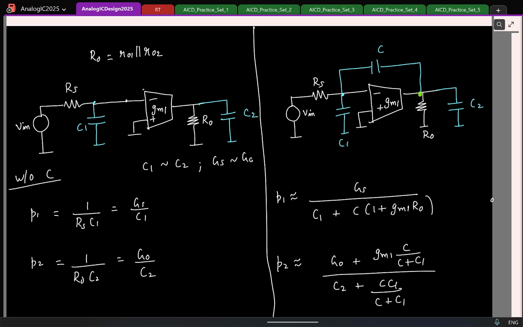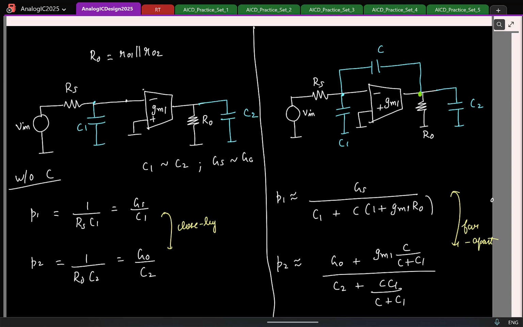Then what can you tell about these two pole locations? Do you think they are close by or far apart? They might be really close by. But the moment I added this capacitor to couple those two nodes, what can you say about these two pole locations? They are close or far apart? They basically are far apart.